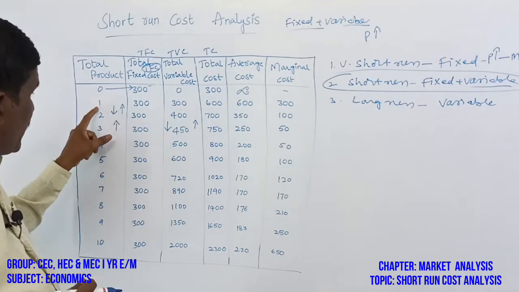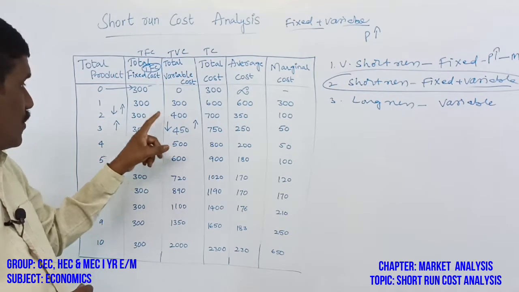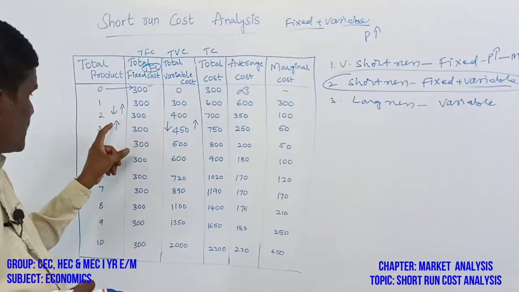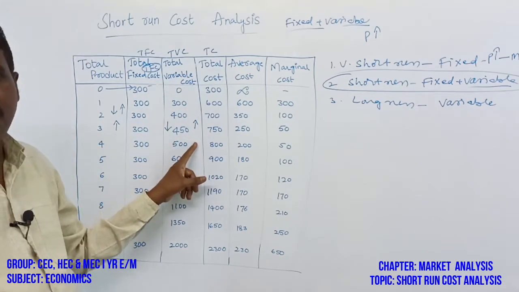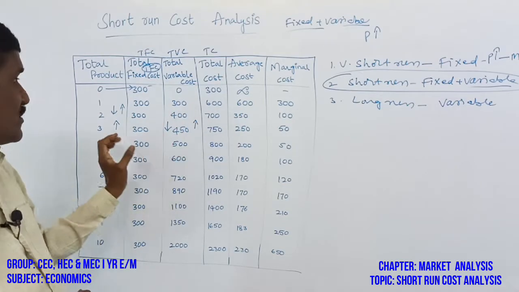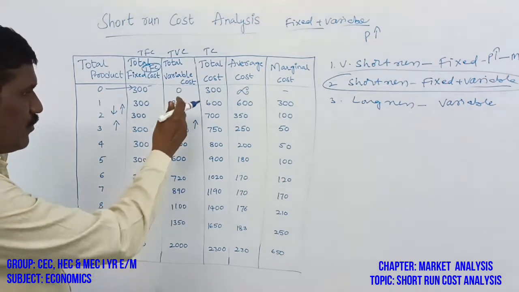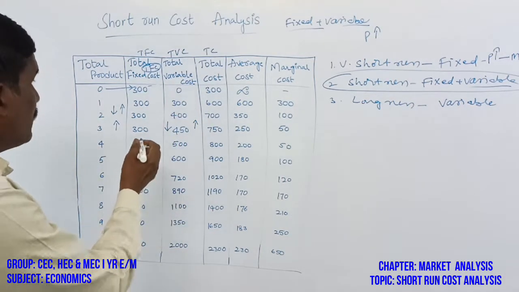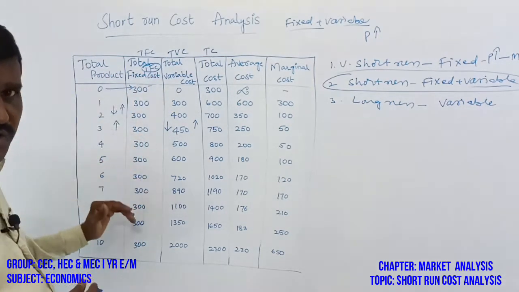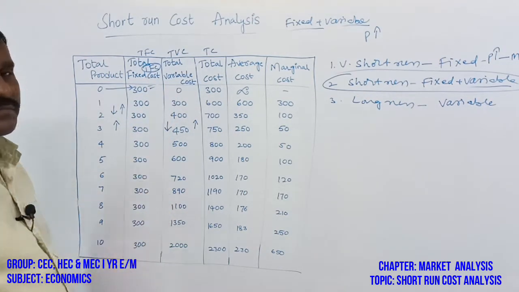If you increase the production, the variable cost increases; if you decrease the production, the variable cost decreases. So the variable cost always moves with the production. The variable cost is a changing factor, but the fixed cost is constant.